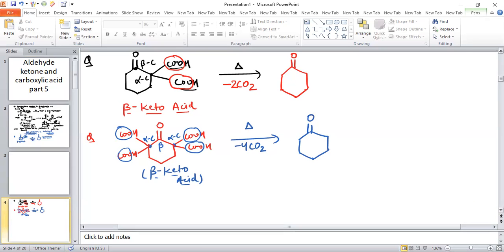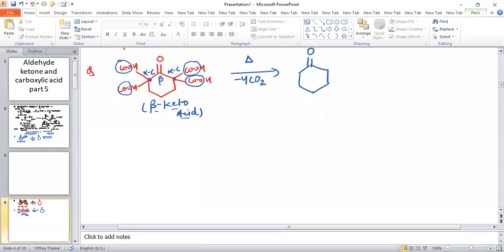Now see another question related to this. The question is basically like this. You can see this is the COOH group and this is the ketonic group. Now again see, when you simply heat this compound, what happens in this case?